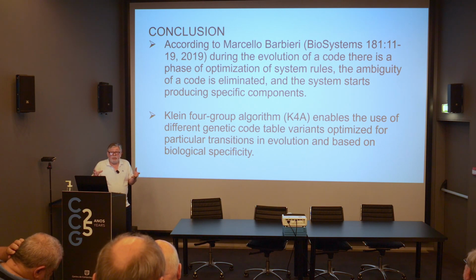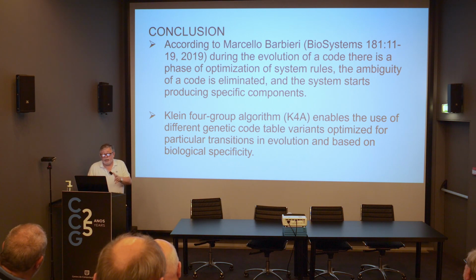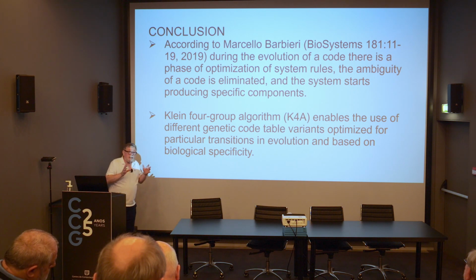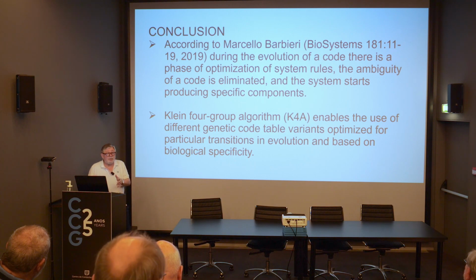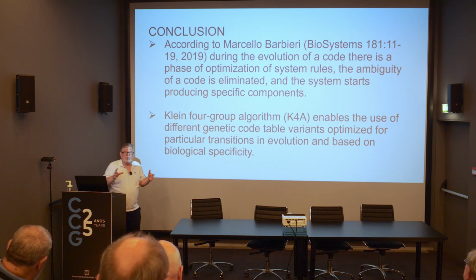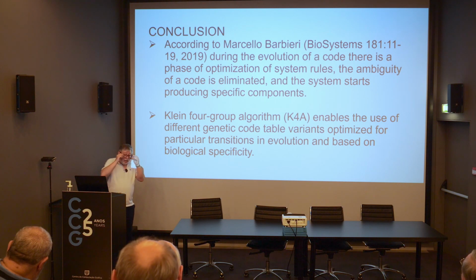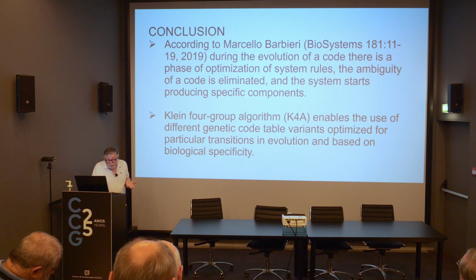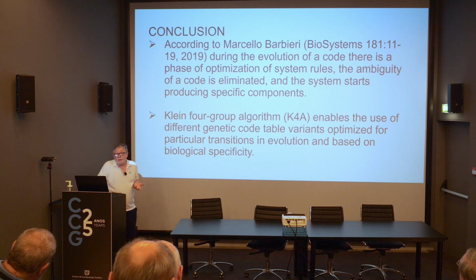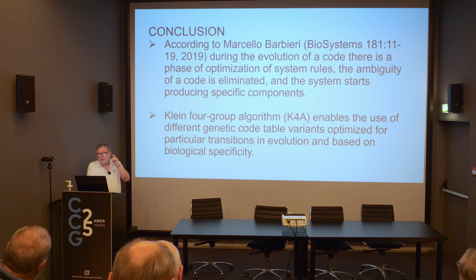So we could calculate and optimize particular transitions as evolutions for different genetic code tables. The other point is, of course, the point that Julia raised about tautology.